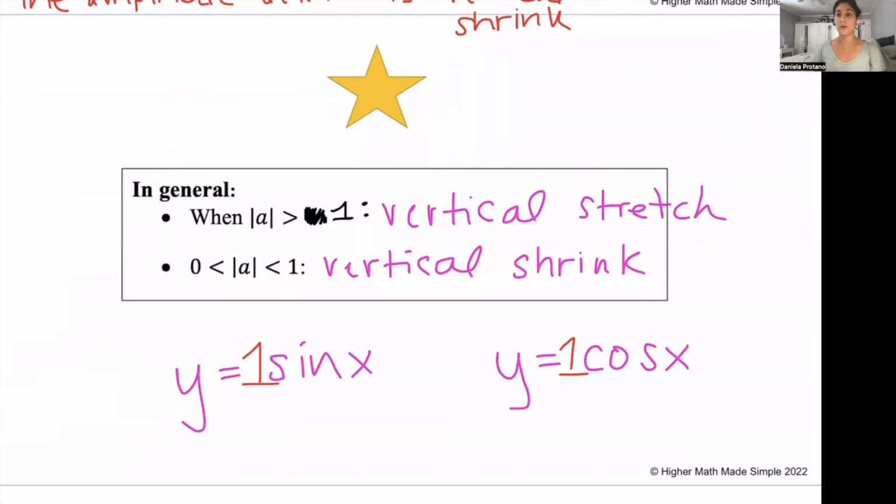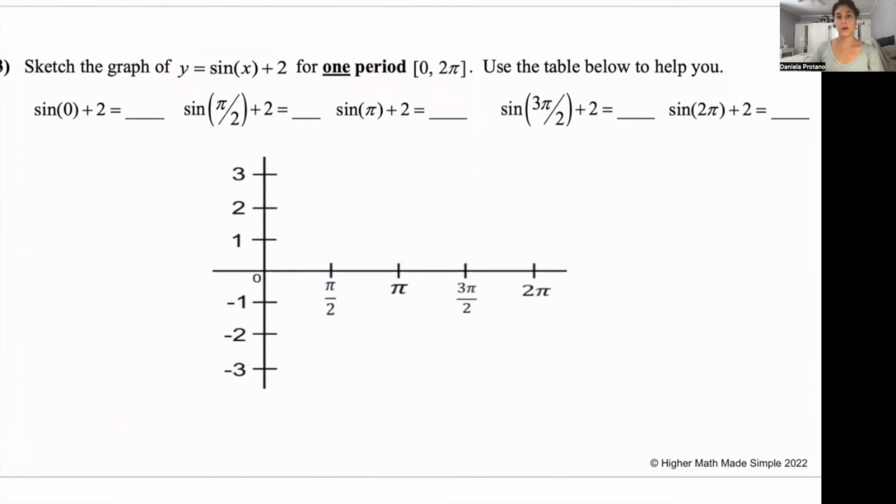The absolute value means positive. It's because when you have a negative A value, like let's say if we have -1 times sine of x, all that means, just a reminder, is there's going to be a reflection over the midline. And so we are only interested in the positive value of A, or the absolute value of A, which is the amplitude. So we talked about the vertical transformation of dilation, right? Stretching or shrinking.